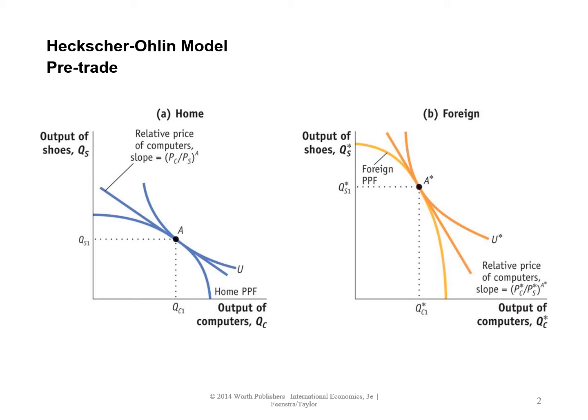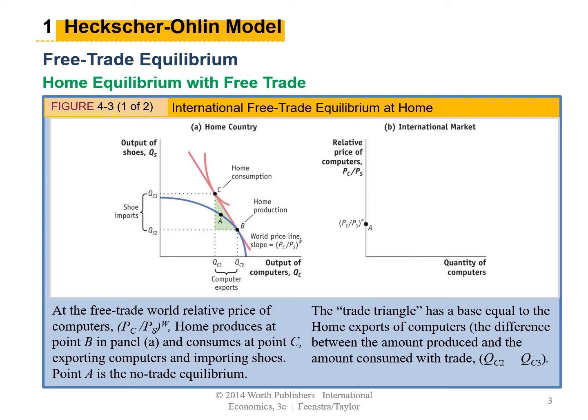The foreign country has an incentive to cut back on producing computers at home and instead produce more shoes, ship those shoes to the home country, and receive a lot more computers that way. The differing slopes of the two straight lines show you that there is a potential gain from trade for these two countries.